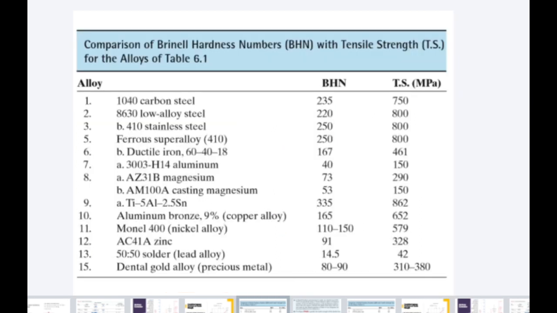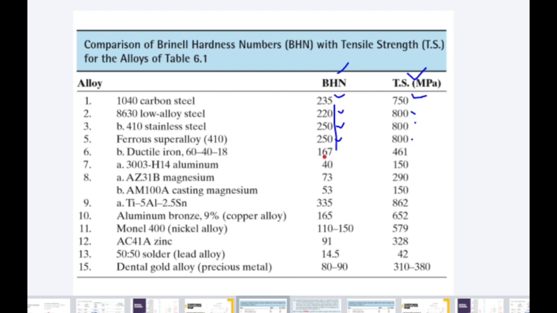Now here you can see for different materials, the Brinell hardness number is given in the table and the tensile strength is also given. For 1040 carbon steel, we have the Brinell hardness number 235 and its tensile strength is 750 megapascal. For these materials, as we increase the Brinell hardness number, the tensile strength is not changing that much. You see 220, 250, 250. Here also the tensile strength is almost constant.